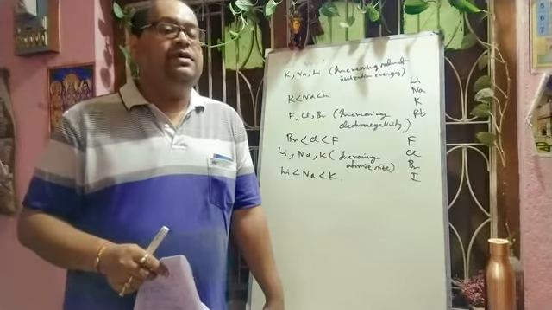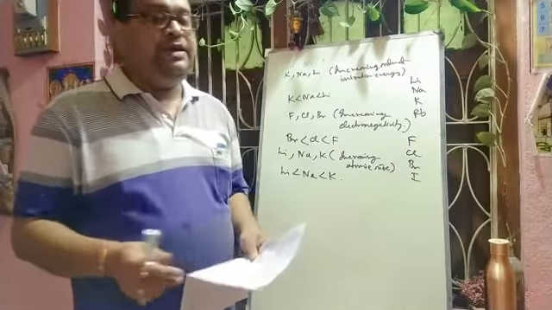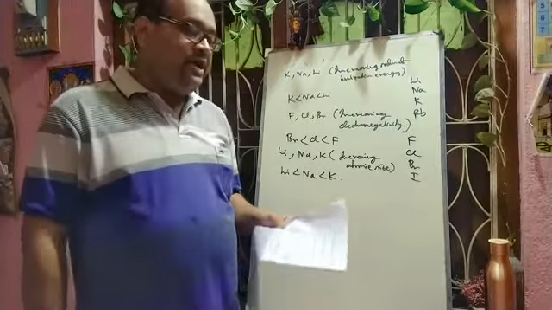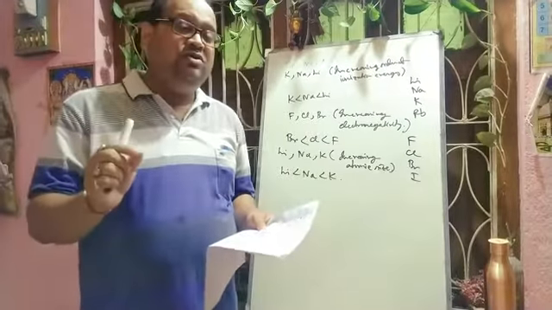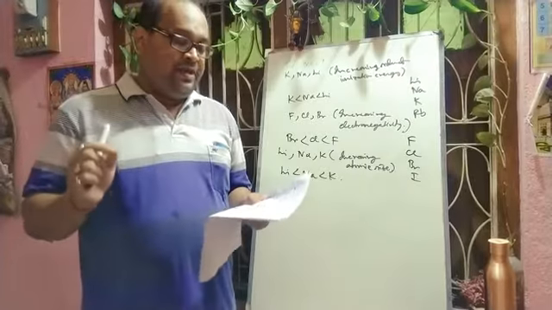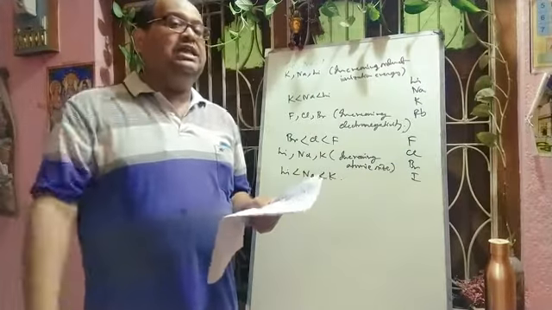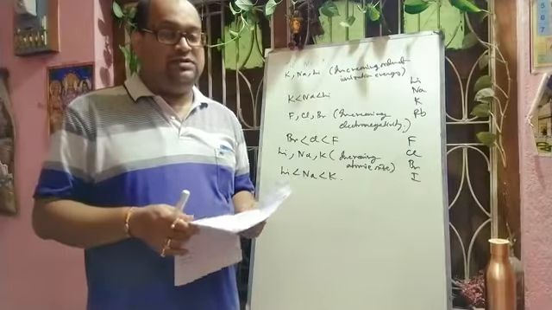If anybody asks you to define ionization energy, then you have to tell it is the amount of energy required to remove the outermost shell electron from an isolated gaseous atom.